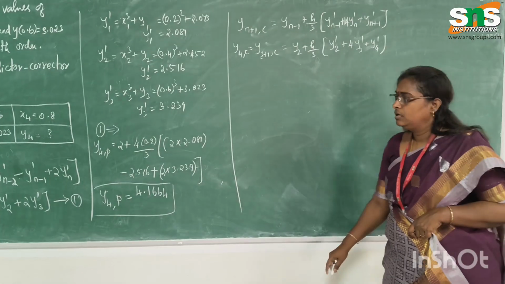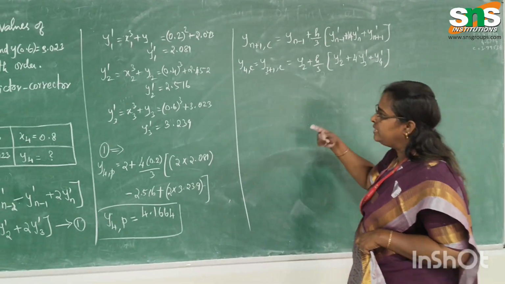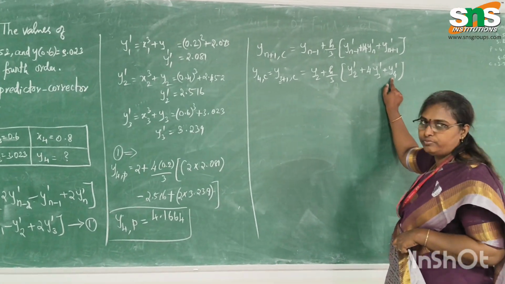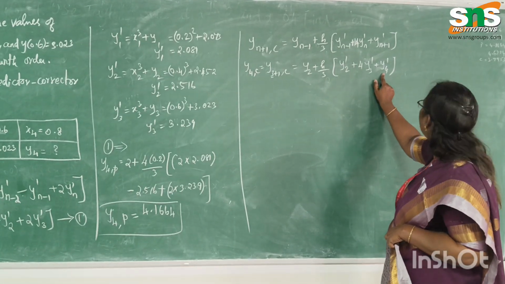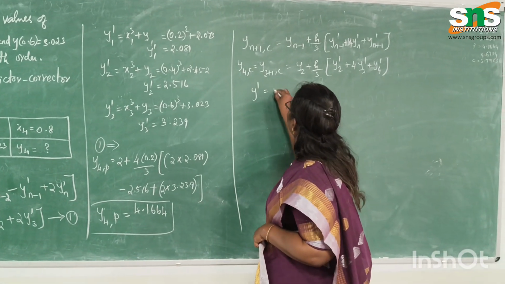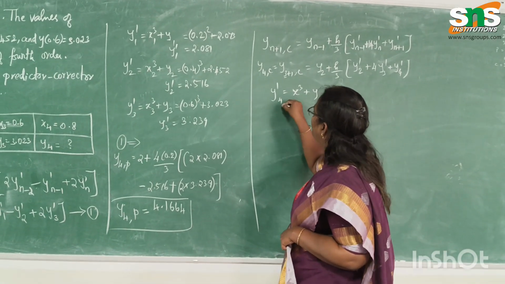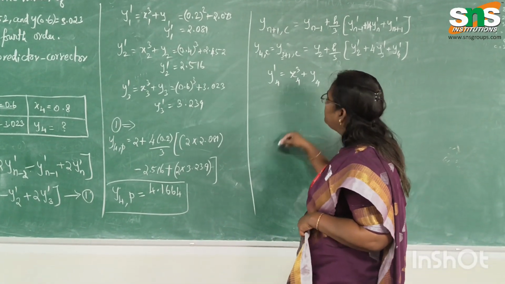Here the predictor value y4 we already got, but the derivative y4 dash we have not derived yet. So I am going to derive it using y dash equals x cube plus y. Here we need the fourth value, so I am going to replace the fourth value.